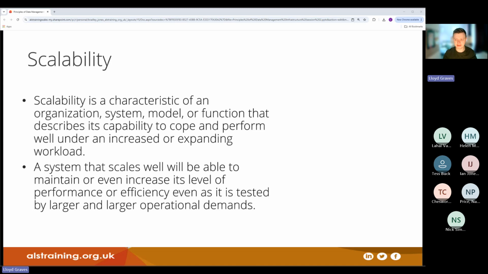It could be something completely unrelated to data, but obviously we're focusing on data in this apprenticeship. But that's the idea. A company that can scale well, more and more data is being used, data from different sources, different types of data, more complex data, and you can scale up your operation to work more efficiently with those things.